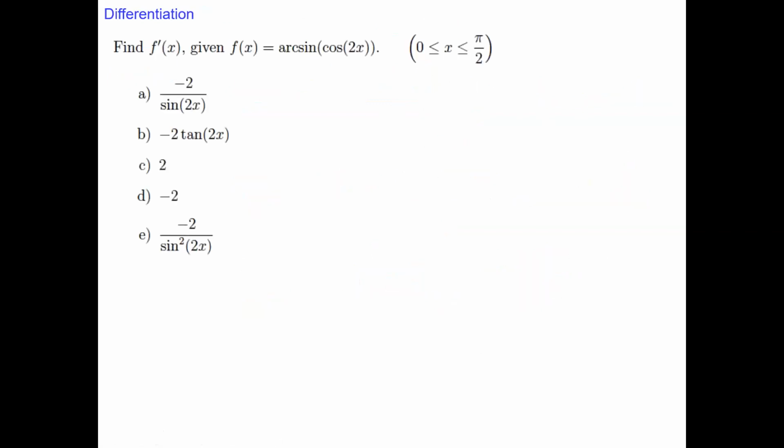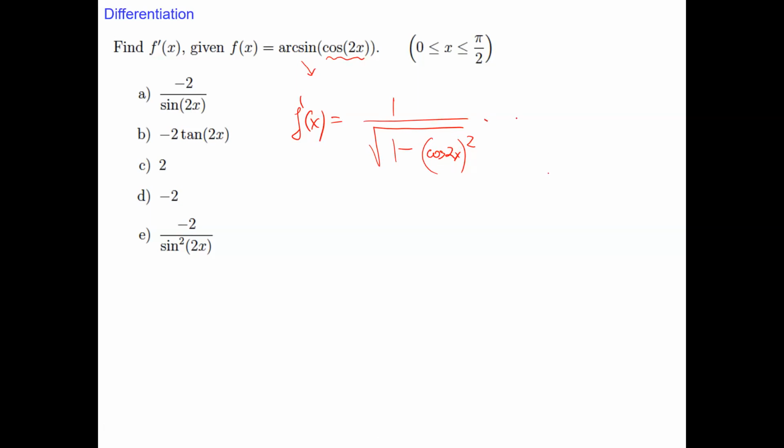Next one is arcsine of cosine of 2x. This one is just a chain rule, because in order to differentiate, we will differentiate arcsine, which is 1 over square root of 1 minus quantity squared, and the quantity is cosine of 2x. And we can speed up, times derivative of cosine of 2x.